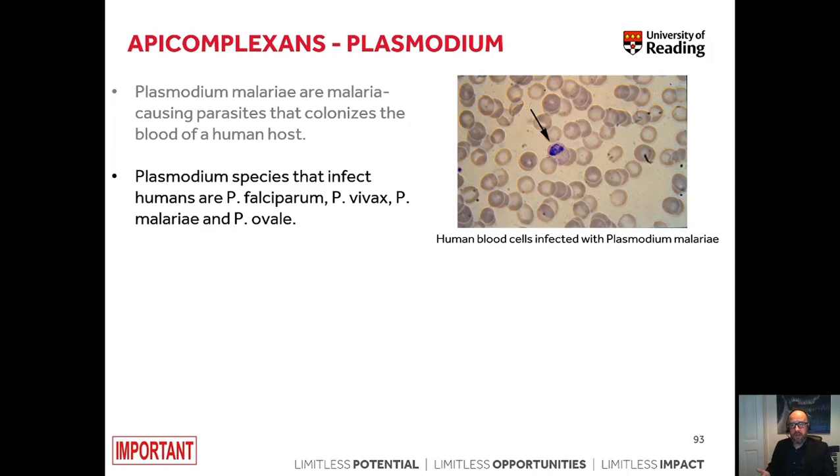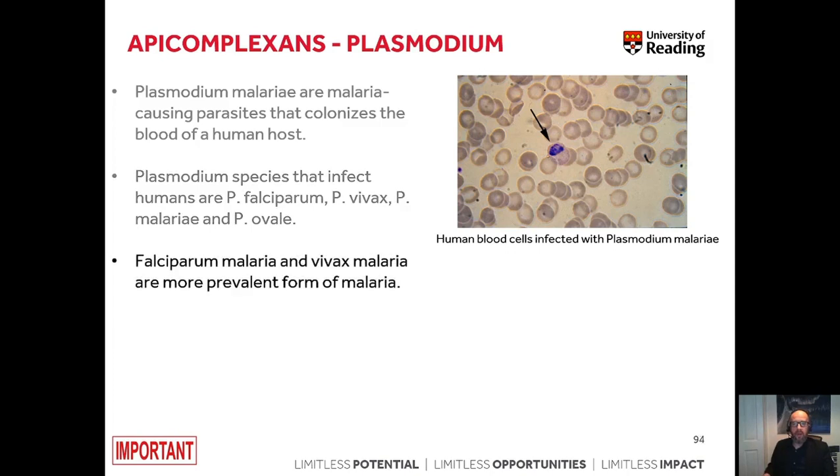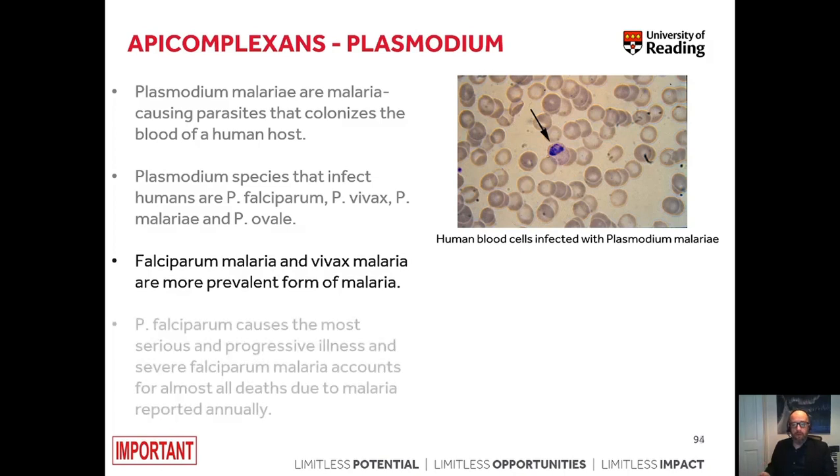In addition to this, there are also other species that can infect humans and cause malaria, including Plasmodium falciparum, Plasmodium vivax, Plasmodium malariae, and Plasmodium ovale. However, falciparum malaria and vivax malaria are the most prevalent forms of malaria.